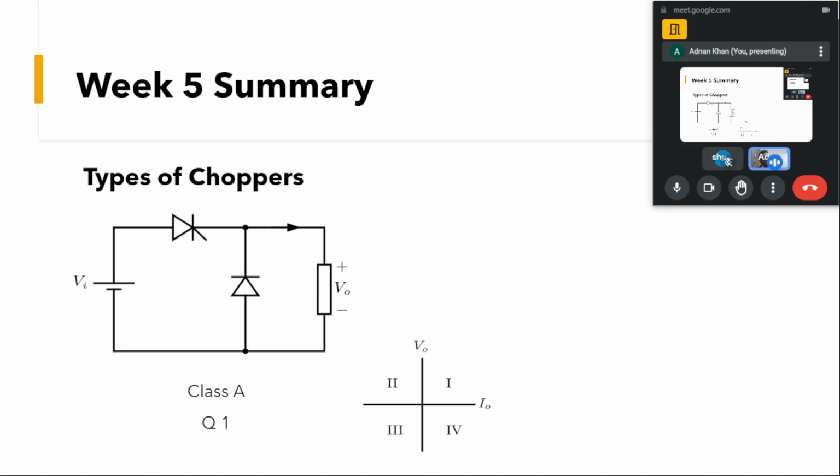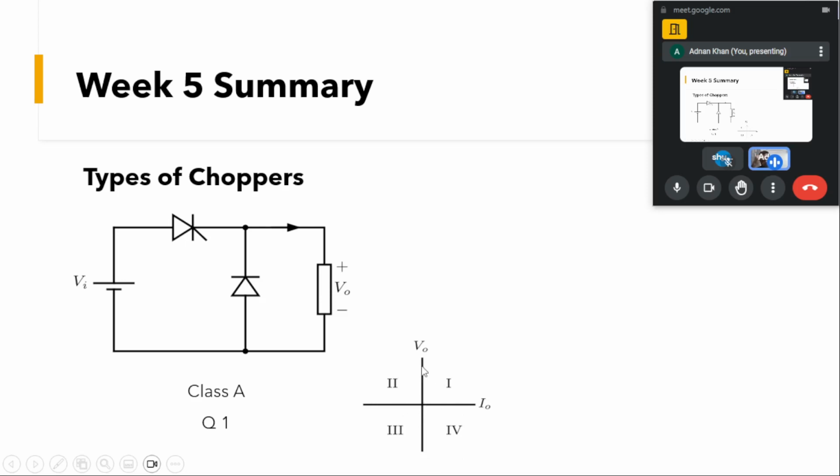At the output, we can have a positive voltage and negative voltage, and also a positive current and negative current. Therefore, considering this, we can have four quadrant operation.